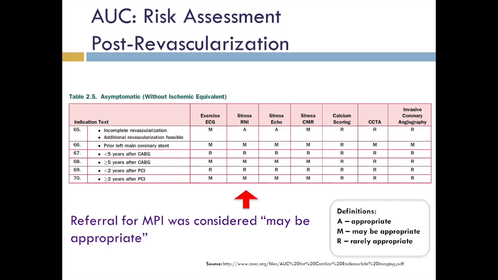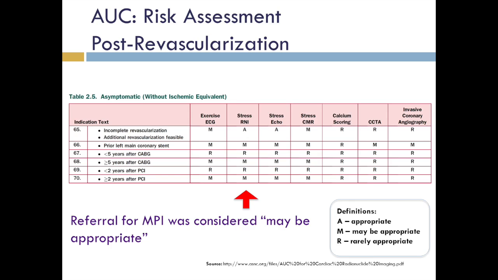If we look at the multimodality appropriate use criteria, they have a section where they speak about risk assessment post-revascularization. Here in this table, you can see that there are different categories. Of note, if the patient had been symptomatic, we'd be looking at a different table of appropriate use.